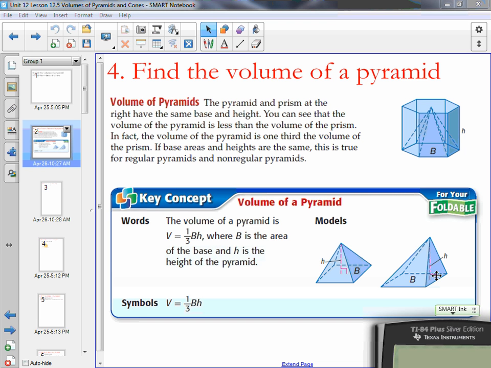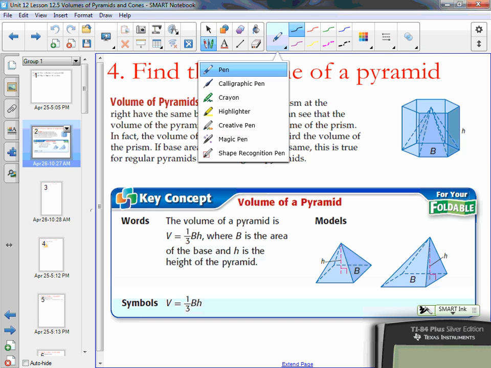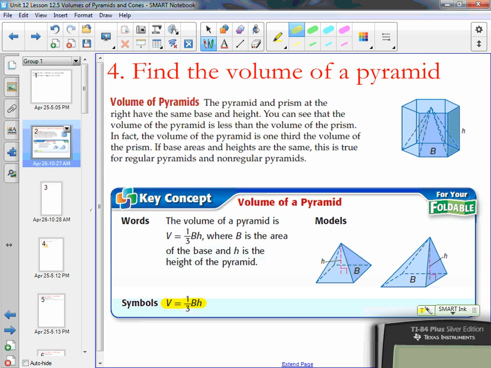Since that's the case, that gives us this formula. For a pyramid, volume equals 1/3 times the area of the base times the height. So it's the same kind of thing we were doing yesterday. Now you've got to take 1/3.